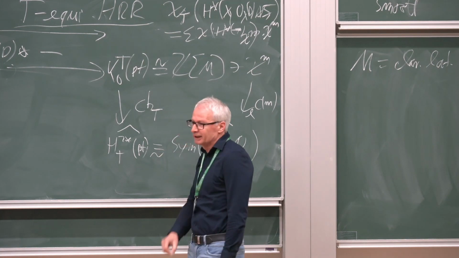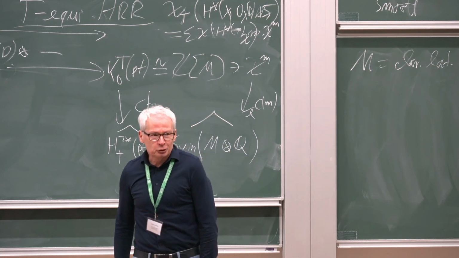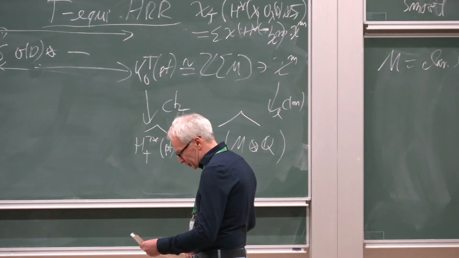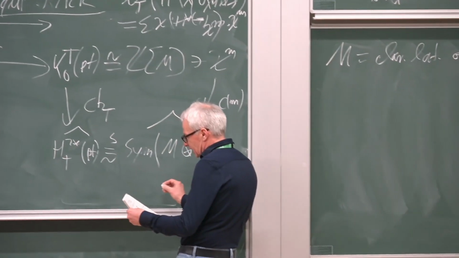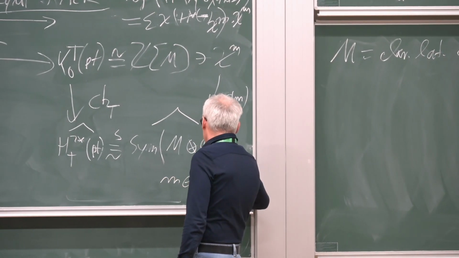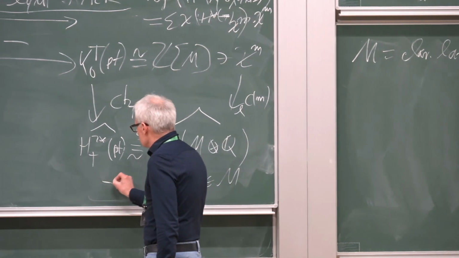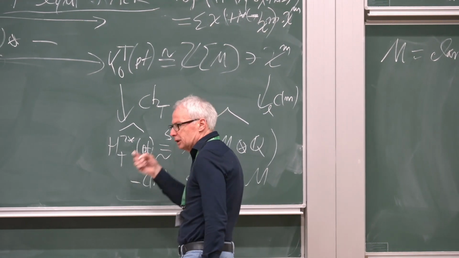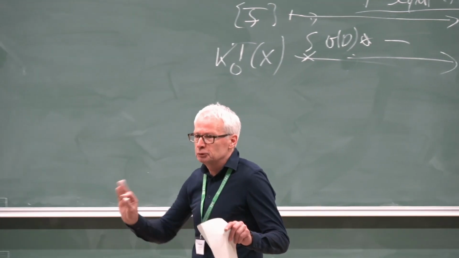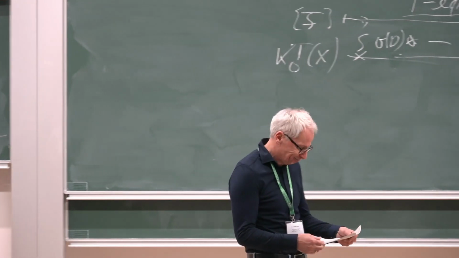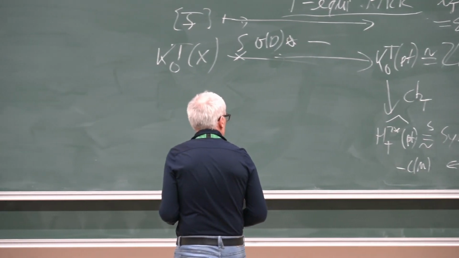There's a choice coming in, and I, for my talk, use the opposite to the usual choice. So the choice I'm using, which we call S, for some reason we will see later: if I have a character, I associate to this minus c_m, so the Chern class of the dual character. For some reason, there's a sign choice. So up to sign choice, this is nice. So that is what you do on the point space.